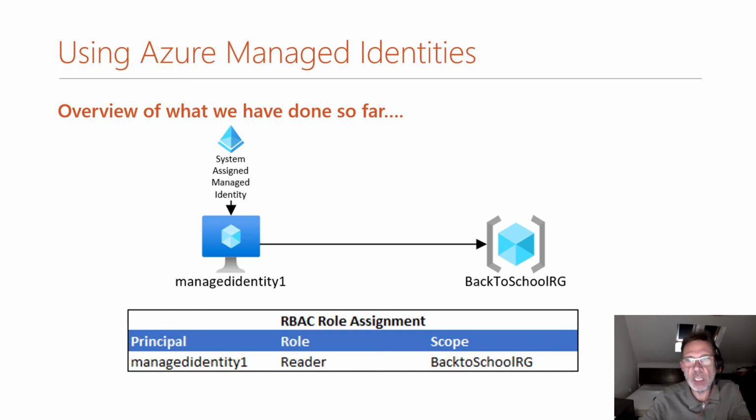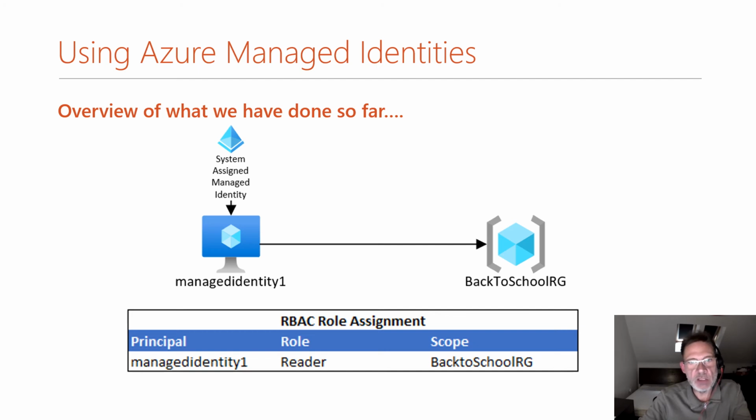So then we went to the resource group. So this is the resource that we want to access using the managed identity. We went to the resource group, and on the IAM blade, identity access and access management, we added a role assignment. And the role assignment we added on the resource group was for the virtual machine managed identity. So managed identity 1, that was our managed identity.